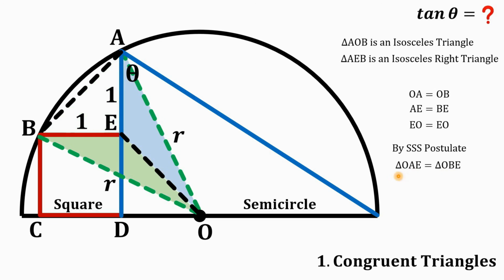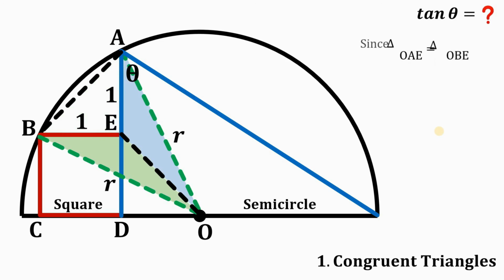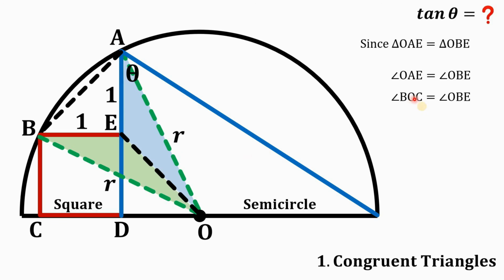Using the fact that triangle OAE and triangle OBE are congruent, we can say that angle OAE is congruent to angle OBE. And since side BE and side CO are parallel to each other, we can say that angle BOC is also congruent to angle OBE because they are both alternate interior angles.